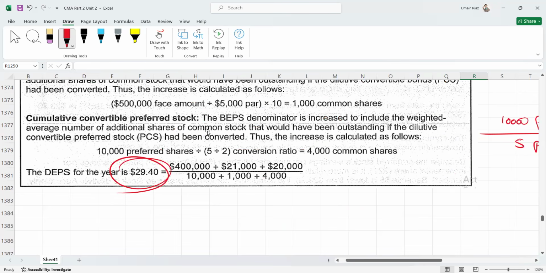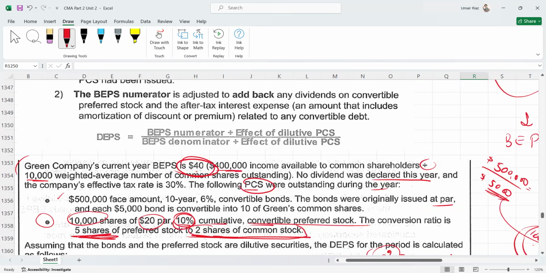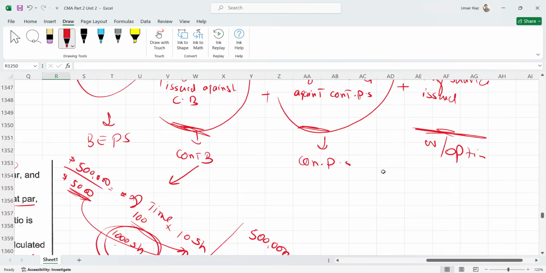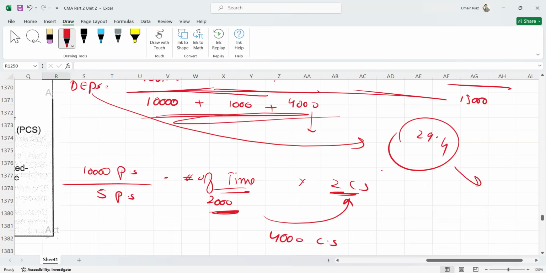Now what was basic EPS? Basic EPS is given in the question. Basic was $40. This diluted EPS you will compare with the basic. Basic was 40. It means your EPS is diluted by how much?